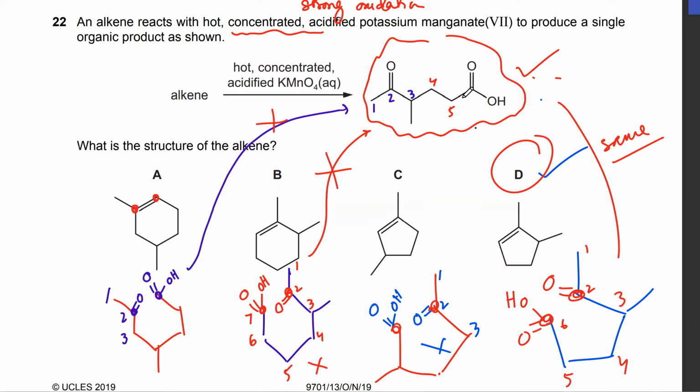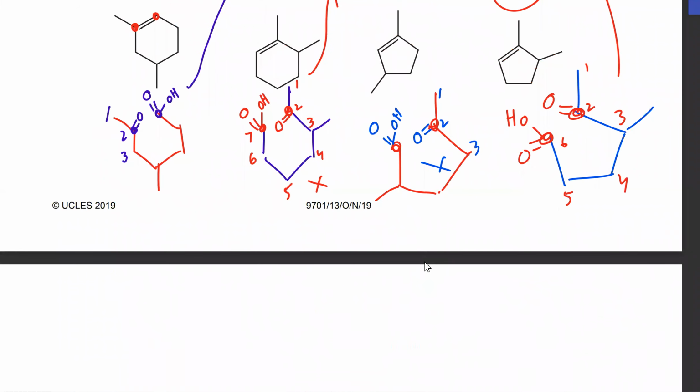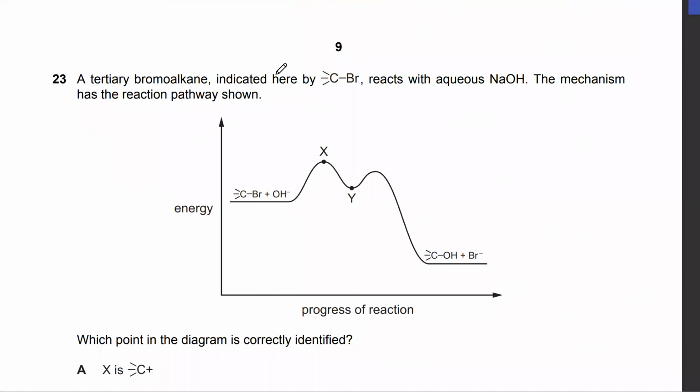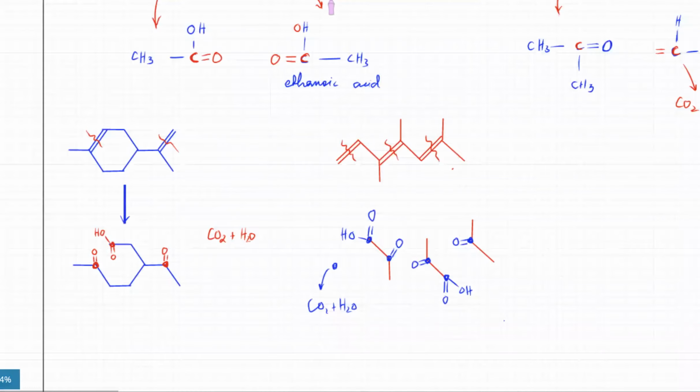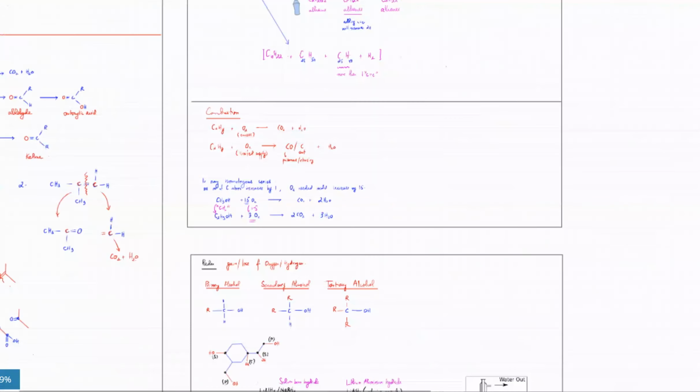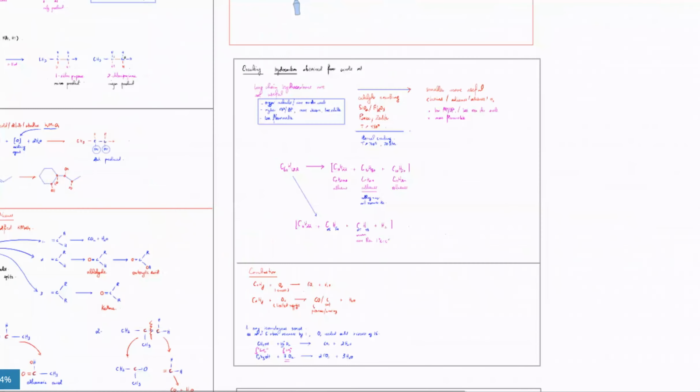Okay, so the next thing, what's the next one? Next question. The next question is about a halogenoalkane. So let's very quickly go through halogenoalkanes first. We did that. We did halogenoalkanes. Where is it?